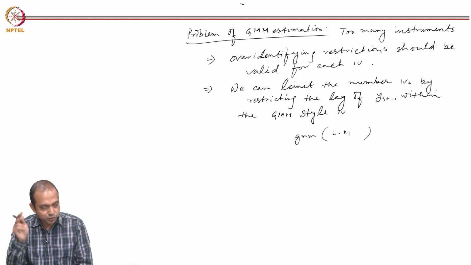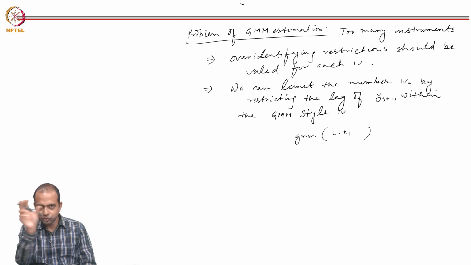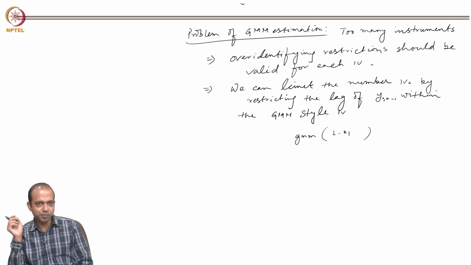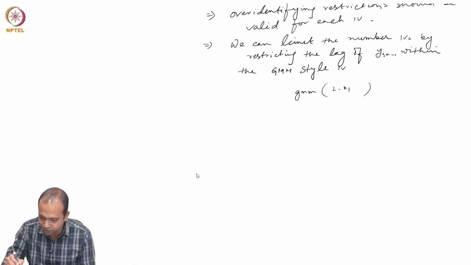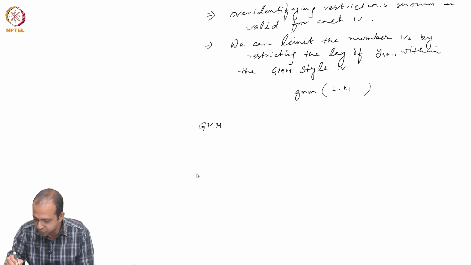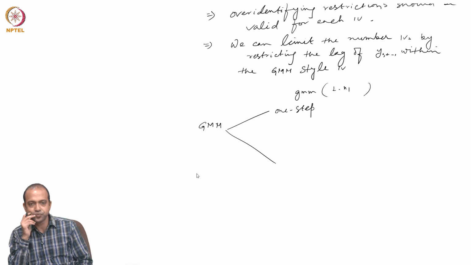Basically, in two step, when you go back to the expression we have derived, beta 1 hat is appearing within the expression of beta 2 hat. So, beta 2 hat is actually a function of beta 1 hat. If you go back and look at the expression, you can see.